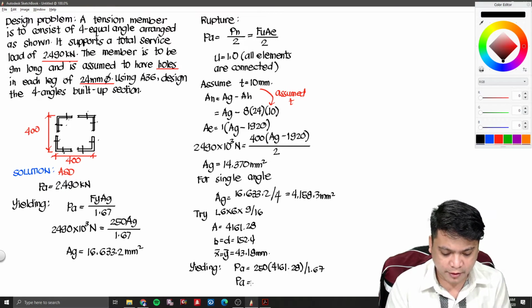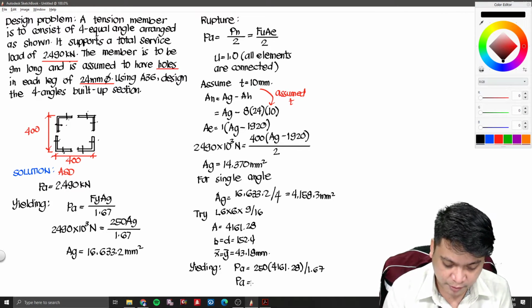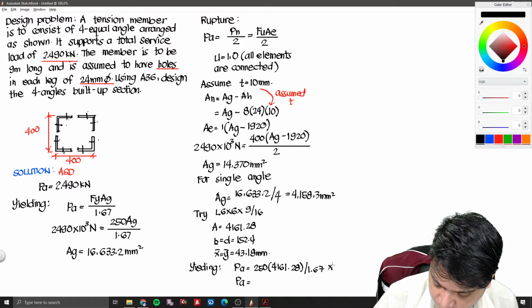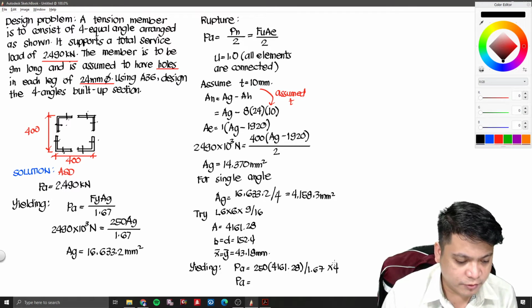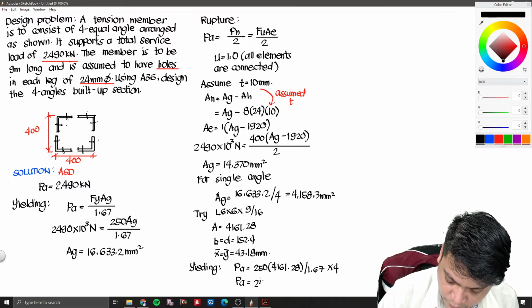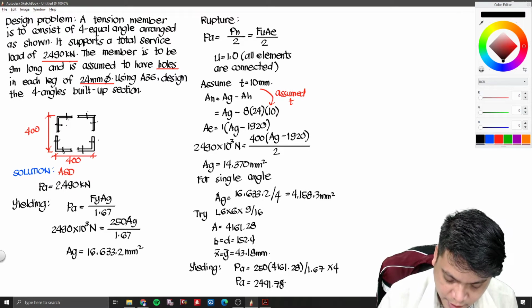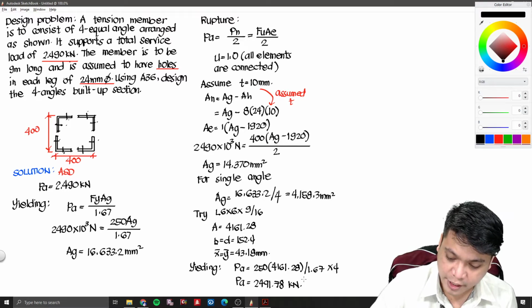So, you have here 250 times 4161.28 divided by 1.67. Okay. And then, multiplied by 4, because there are four angle bars. So, times 4. So, you will have here 2491.78 kilonewton. So, this is the capacity for the yielding.